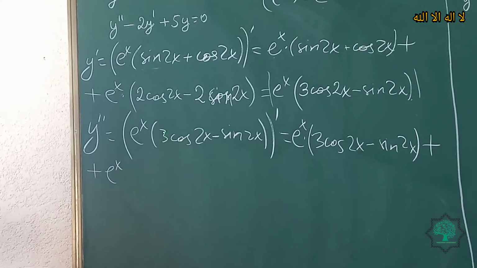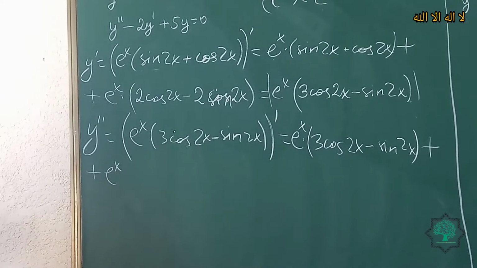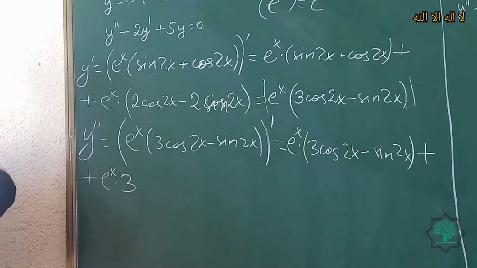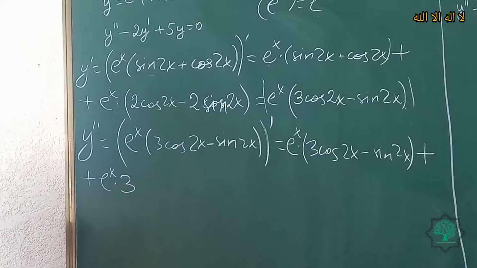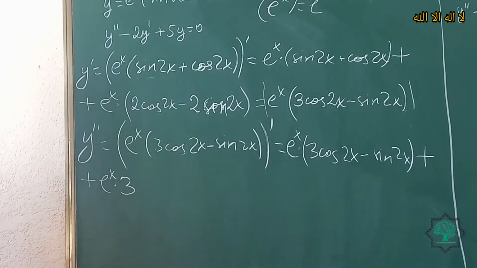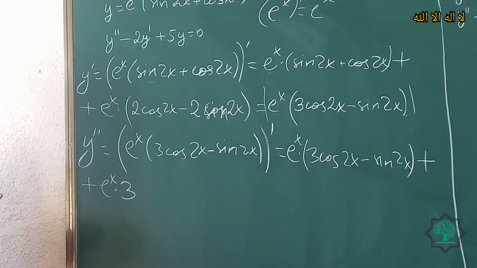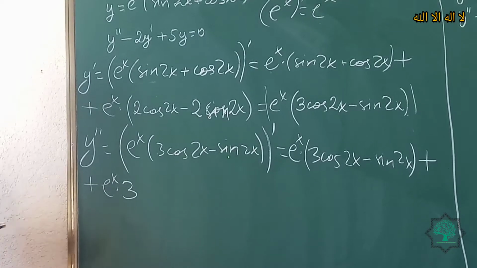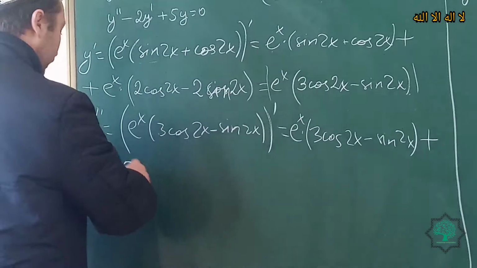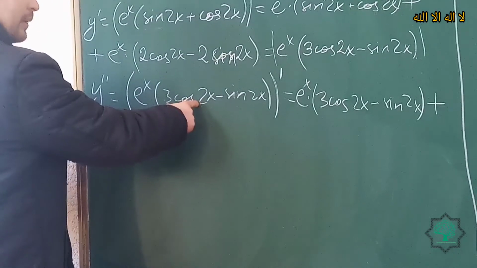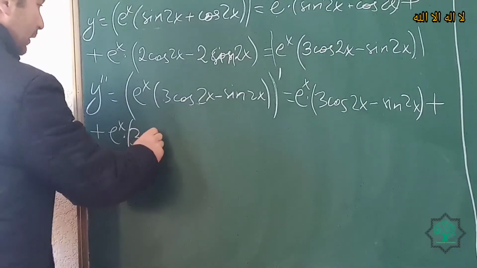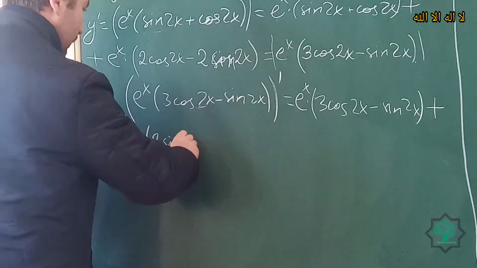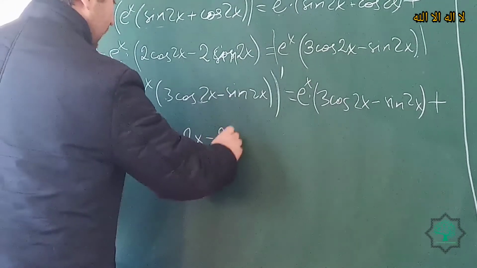Because 3 is a coefficient, we take it out from under the derivative sign. Then we again take the derivative of cosinus 2x, which is minus 2 sinus 2x.